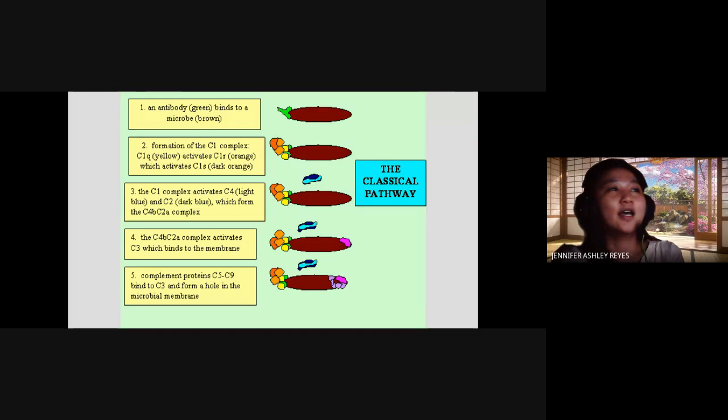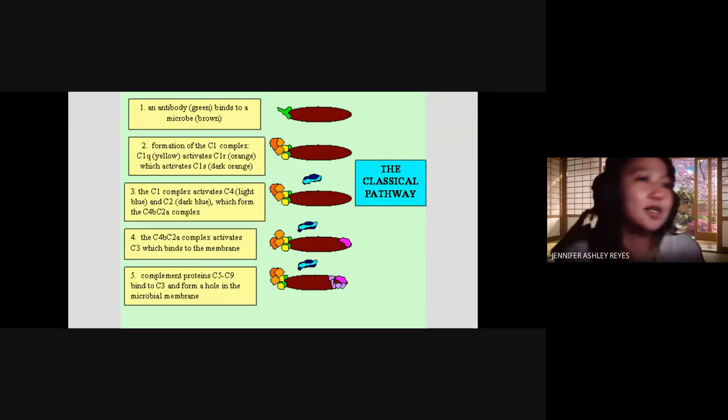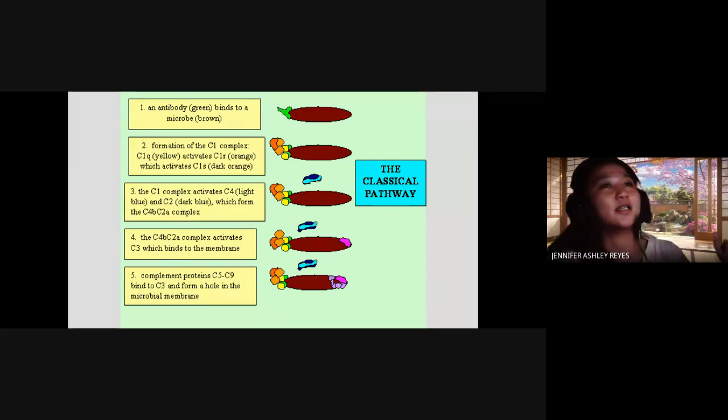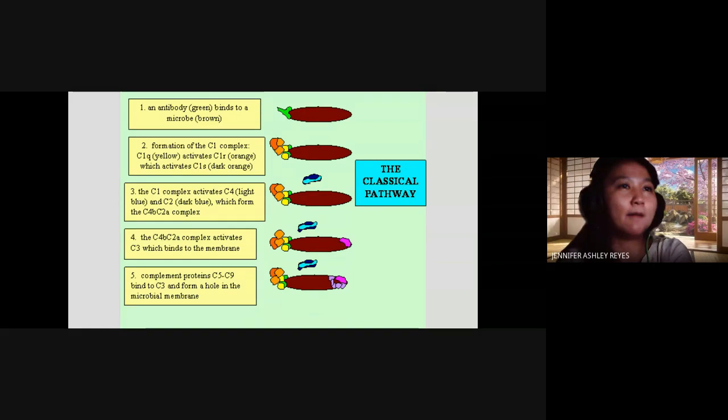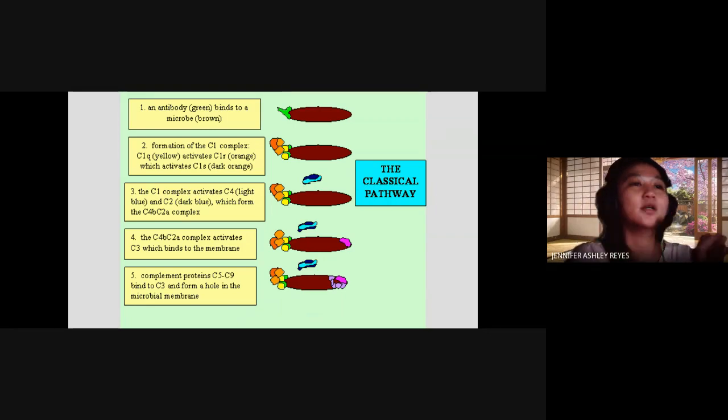Okay? So, in terms of number, ang ating organization sa classical component is C1, C4, C2, C3. So, doon lang tayo may disorientation. Instead na 2 ang kasunod ni 1, 4 ang kasunod. So, C4, C2, C3. And then, pag nag-combine na sila all together, C5 convertase, dire-diretso na yan.